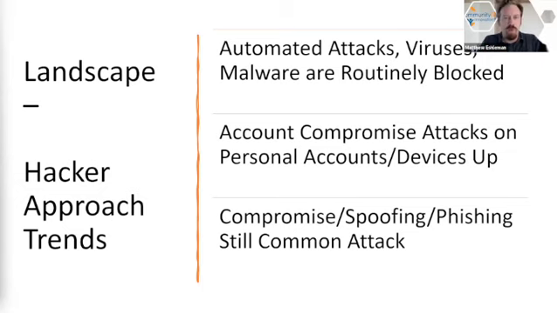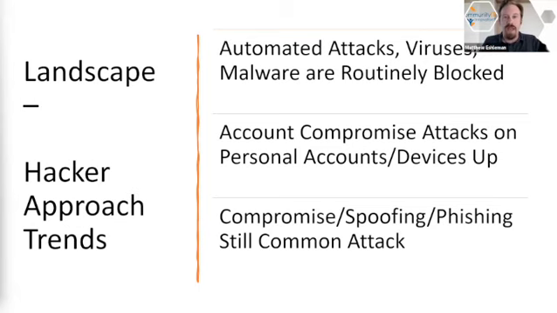I would say one of the things that we noted in our data from last year is that we saw a number of incidences where it wasn't just the organizational account that was targeted, but it was a user's personal account. And then that personal account was used to gain backdoor access into other systems.